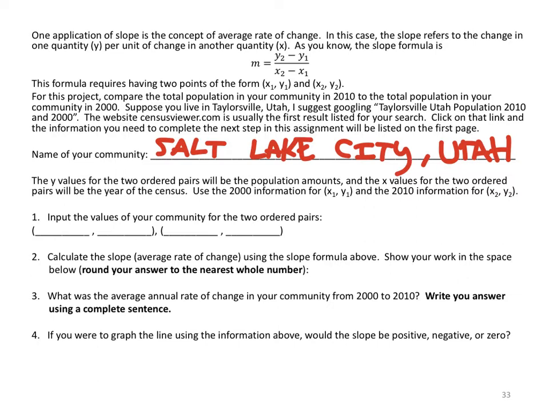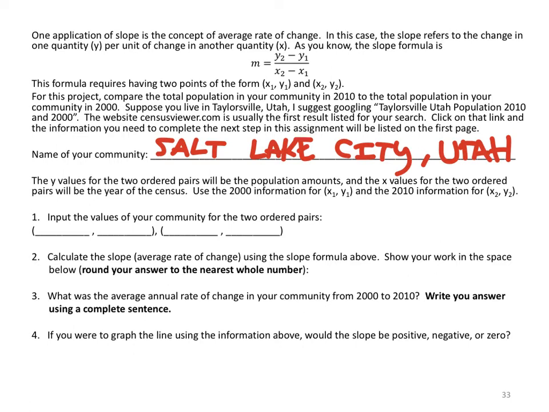So y values are depending on x values, always dependent on. So you got to look at the two and make a determination that may take some analysis on your part to figure out which of the two is dependent. But definitely the population will depend on what year we're looking at, right? Like if you go to the year, I don't know, 500, then very low population, you know what I'm saying? Because it depends on the year.